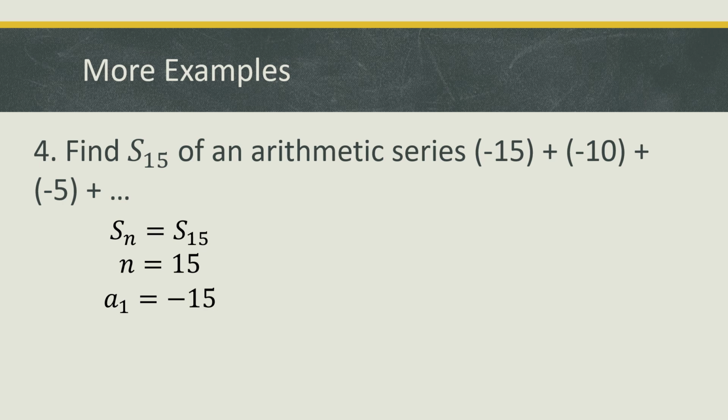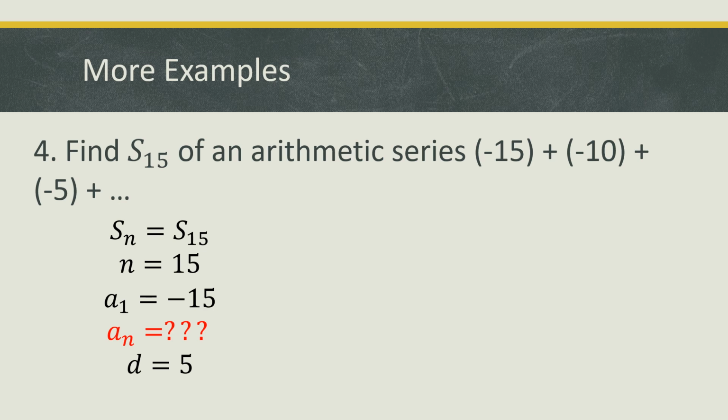The first term is given, which is negative 15. Again, we do not have the last term, or a sub n, but we have the common difference of adding 5 on each term. So that is very important.